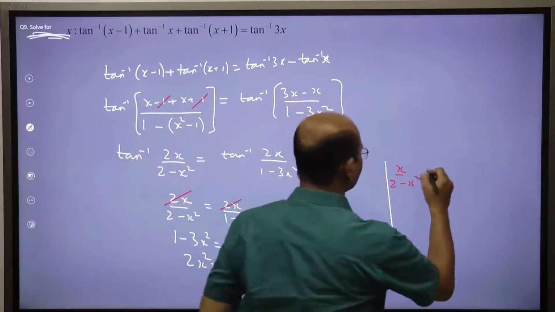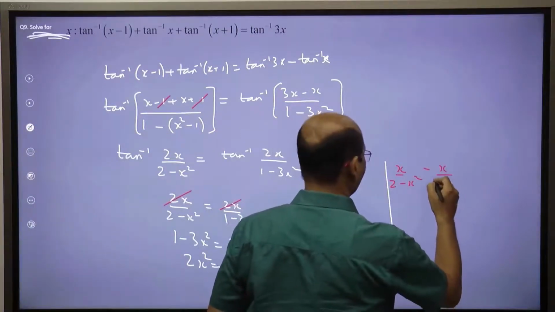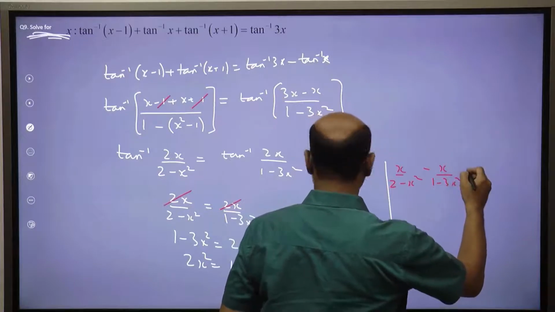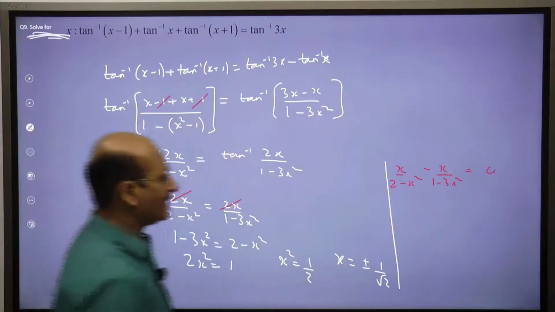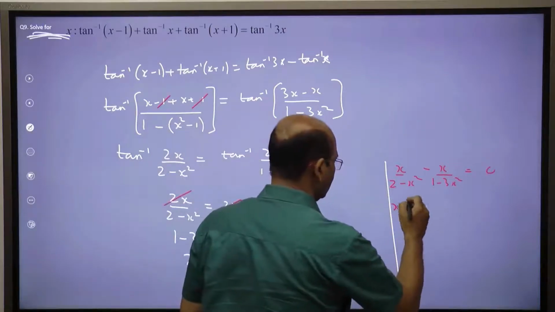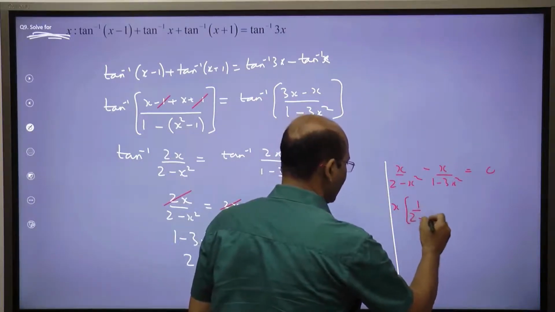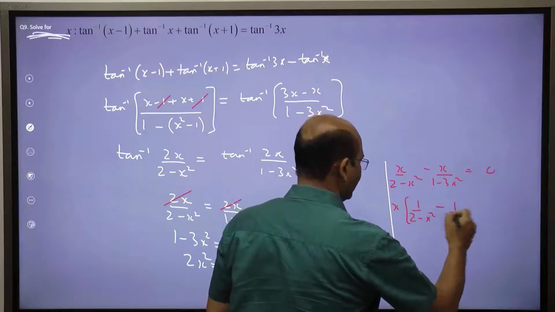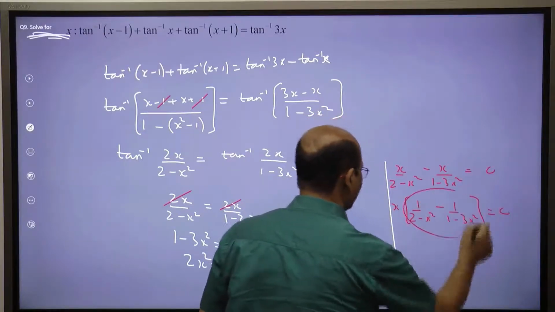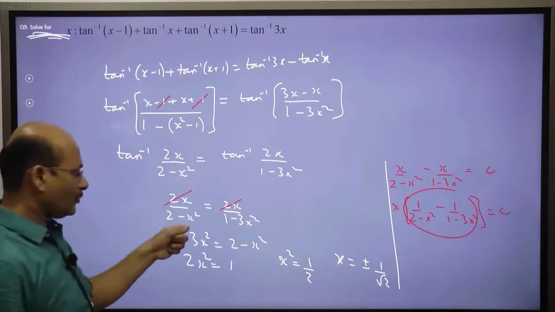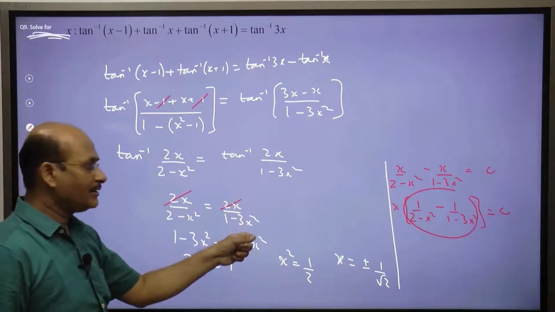So minus x upon 1 minus 3x square is equal to 0. Now if I take x common, this will be 1 upon 2 minus x square minus 1 upon 1 minus 3x square is equal to 0. This is exactly the working which you got.